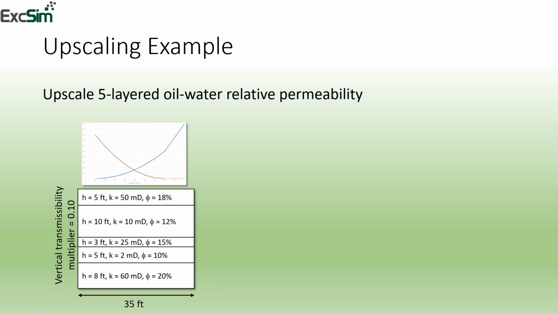So here we have the thicknesses of each layer: 5 feet, 10 feet, 3 feet, 5 feet, and 8 feet. And each has different permeability and different porosities. And we also have a transmissibility multiplier of 0.1 in the vertical direction.